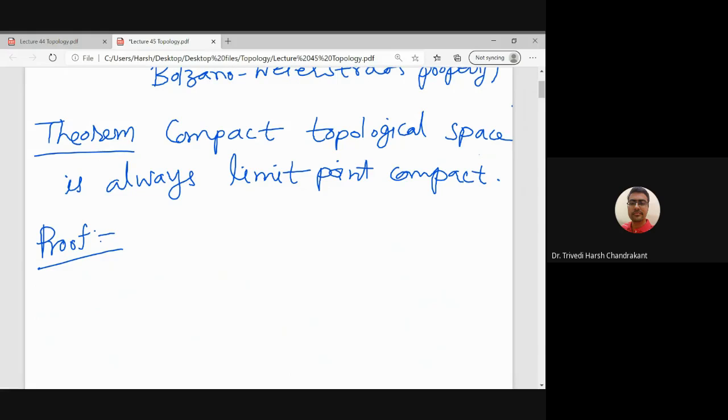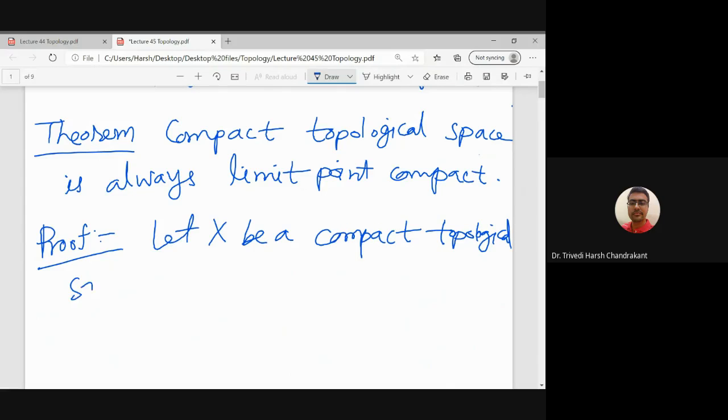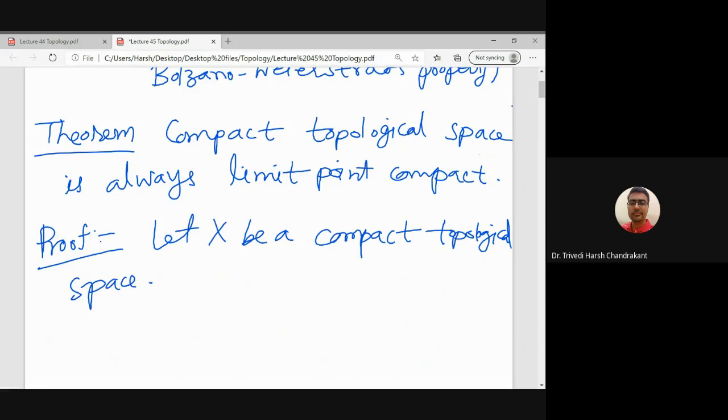So what is given is a compact topological space. Let X be a compact topological space. Then we want to show that X is limit point compact.